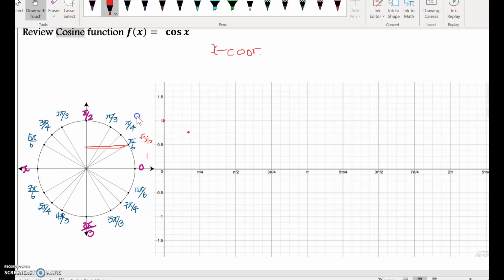And at pi over 4, we know that's where the value of sine and cosine is the same. So it's radical 2 over 2, which is probably somewhere over here. And then at 60 degrees, it would be 1/2, which is probably somewhere over here.